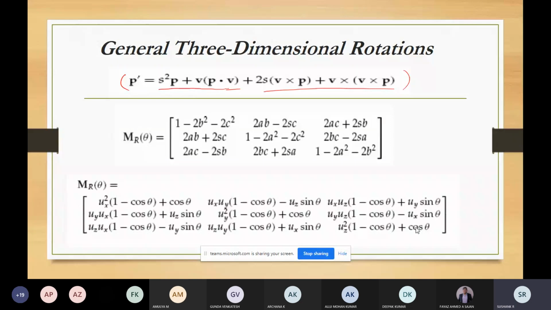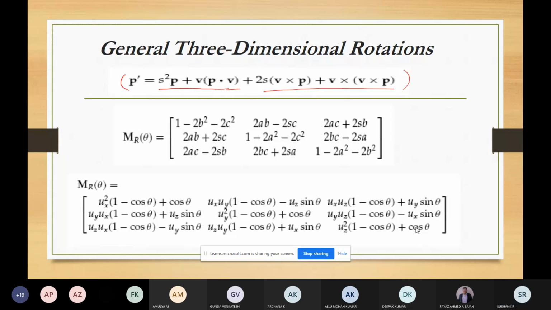This is a formula which is a collection of vector dot product and vector cross product.